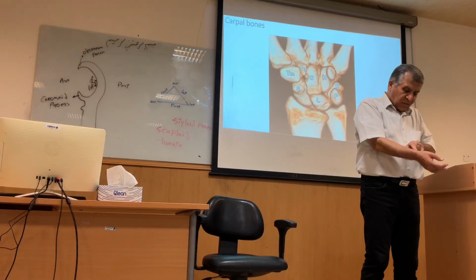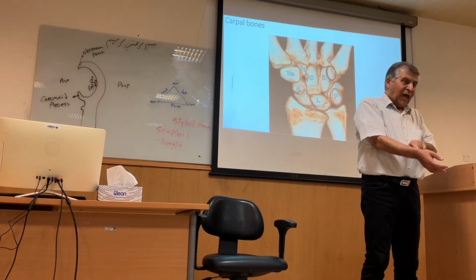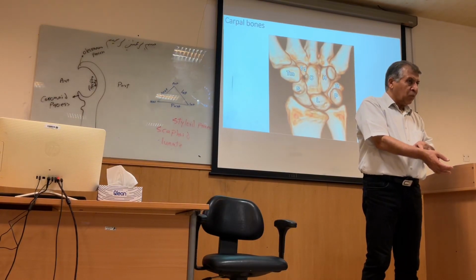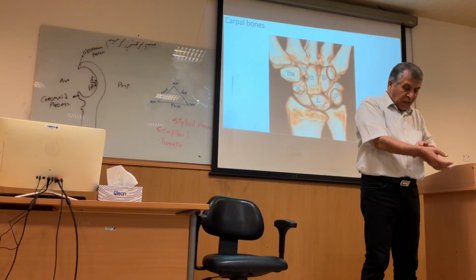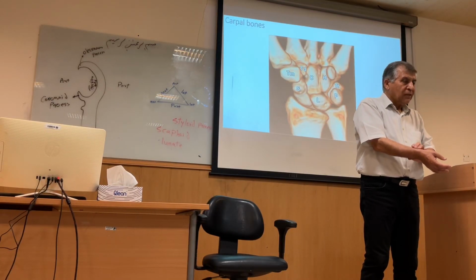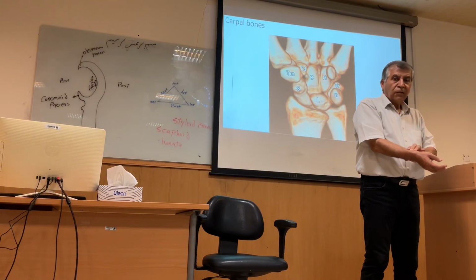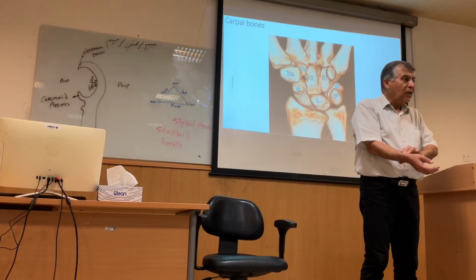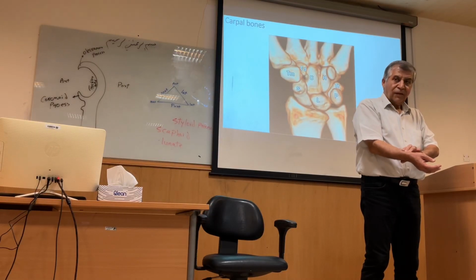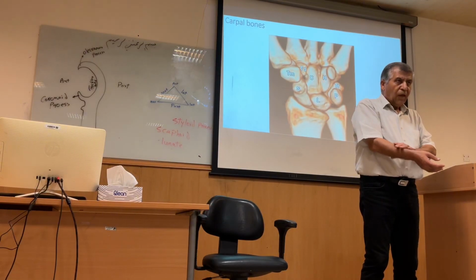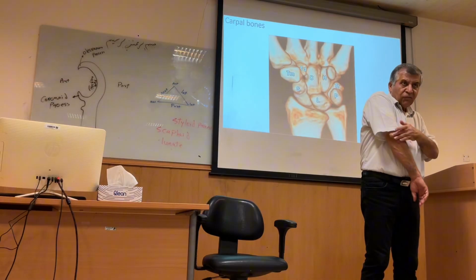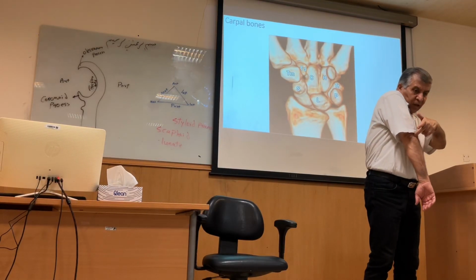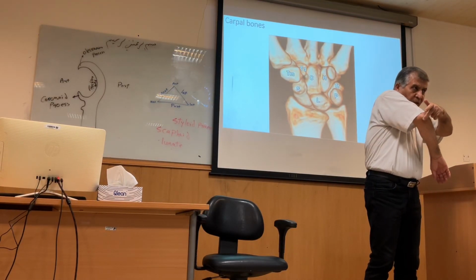Anterior surface of the lower end is important because we can sense pulsation of the radial artery.